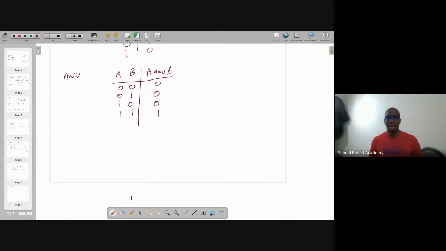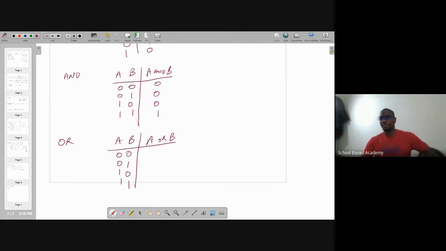And then we have or. We can have a, we can have b, we can have all possible combinations of a or b. And the rule for or is, could somebody just remind me, somebody who was here last week, the rule for or?